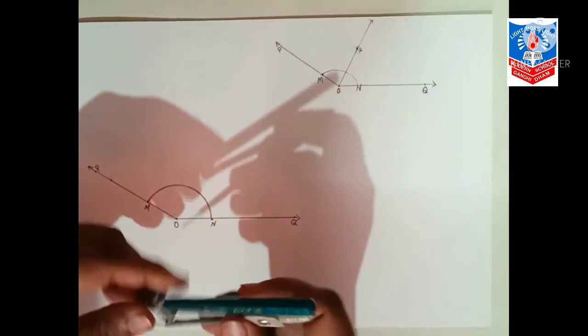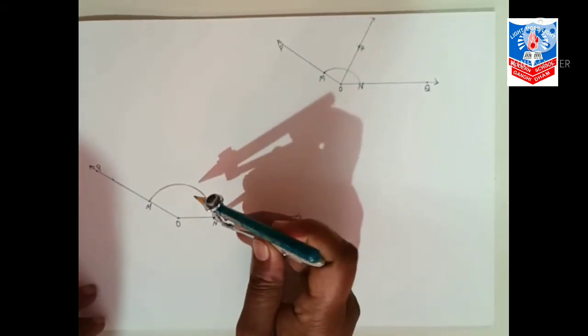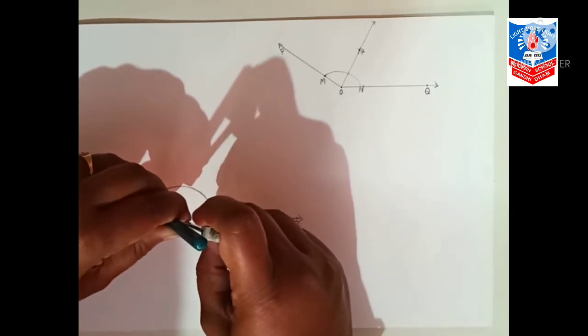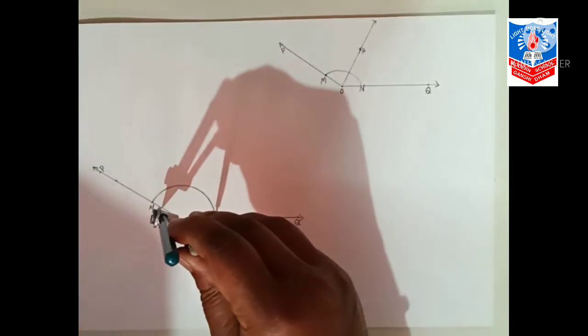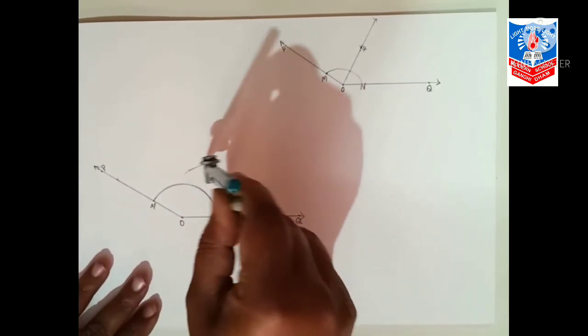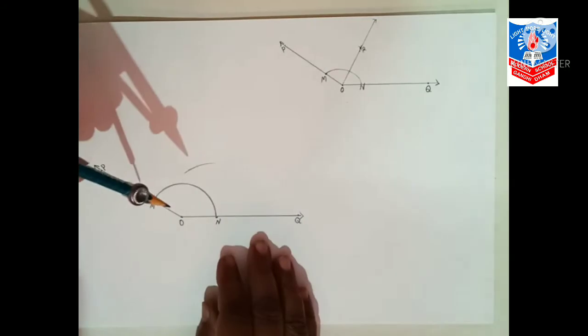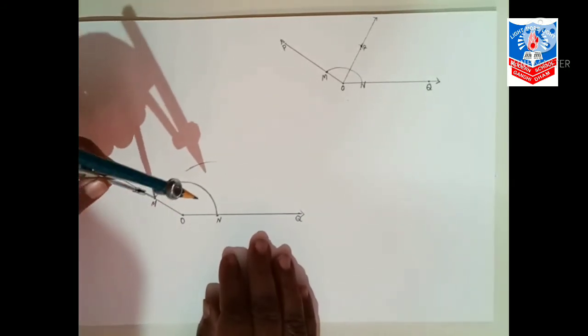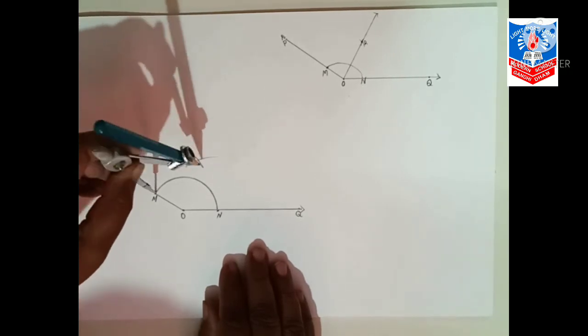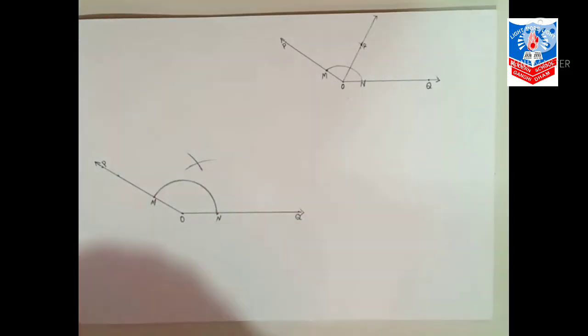So you know how to bisect. With center N and radius more than half of MN, like this way, draw an arc here. Now with center M and the same radius, cut this arc like this way.